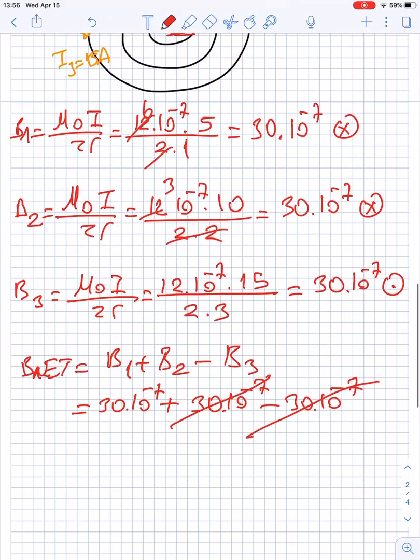This one and this one simplify, and the net resultant magnetic field is 30 times 10 to the minus 7 Tesla, and the direction is into the page. For today, that's all.